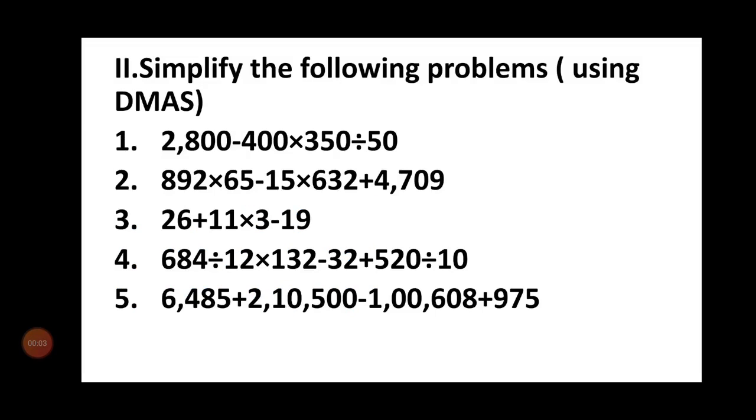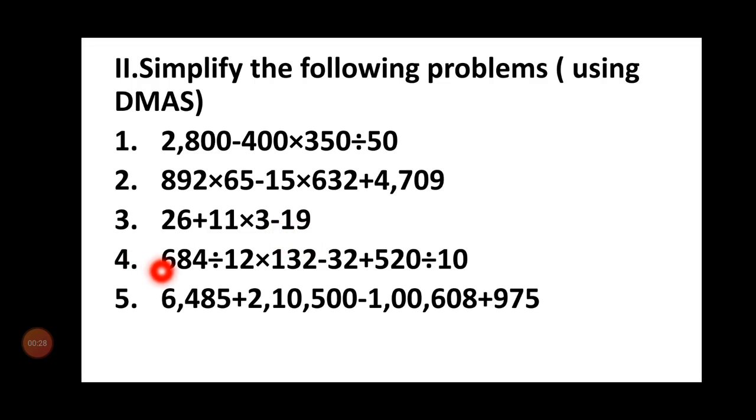Roman letter 2, simplify the following problems using DMAS. So first one, 2800 minus 400 into 350 divided by 50. And second one, 892 into 65 minus 15 into 632 plus 4709. And third one, 26 plus 11 into 3 minus 19.